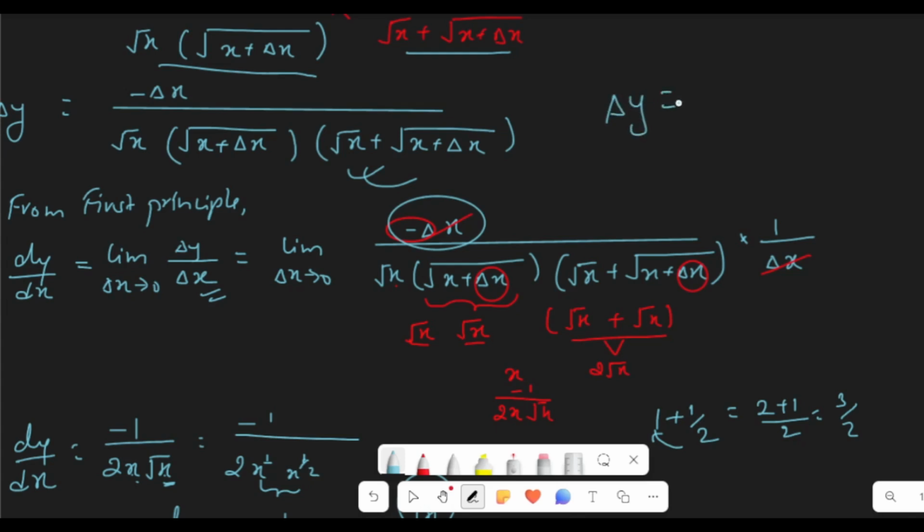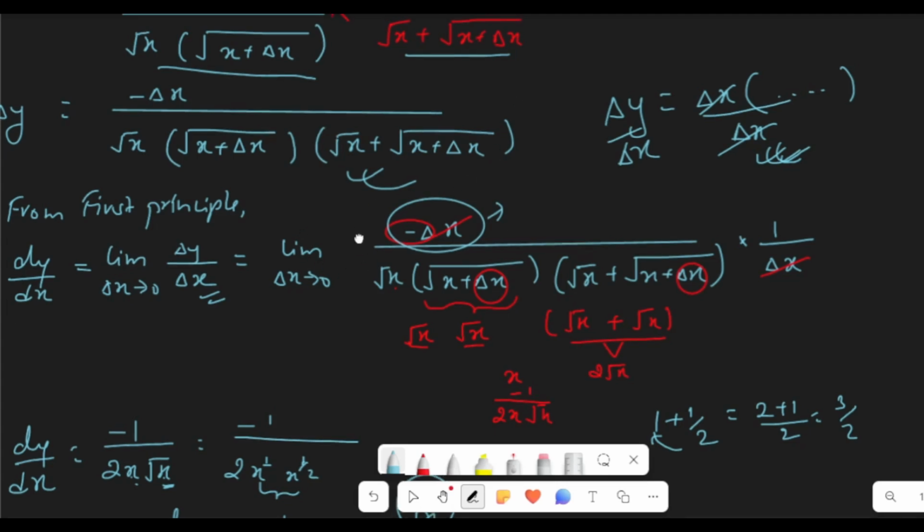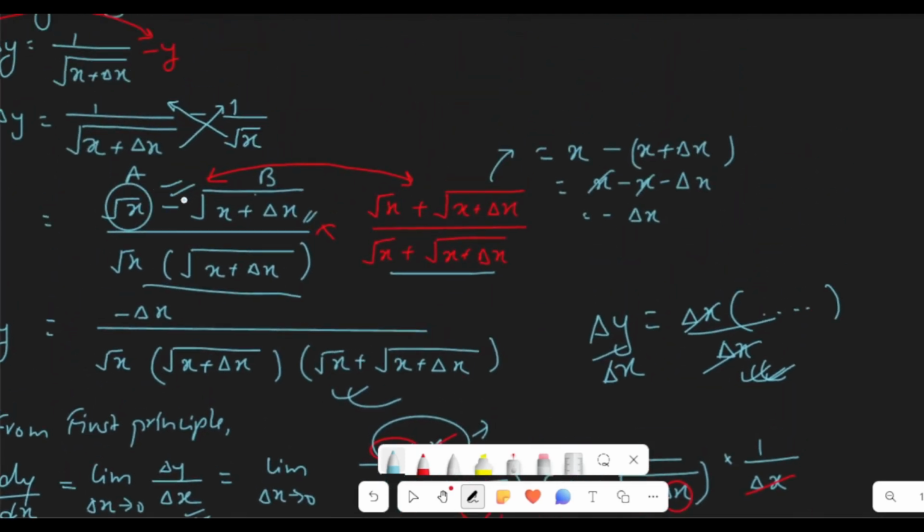Earlier in our class, we stated that if we get del x times something, we can eliminate the indeterminate form, because when you divide by del x, this cancels out. So to make this, we have to take the conjugate for these forms, that is root something minus root something.